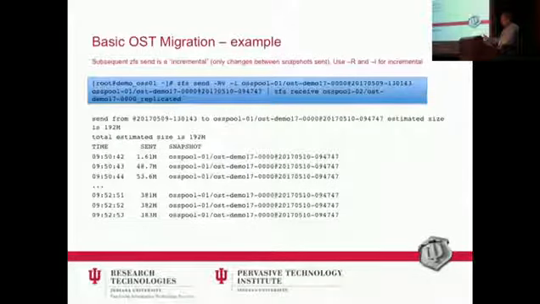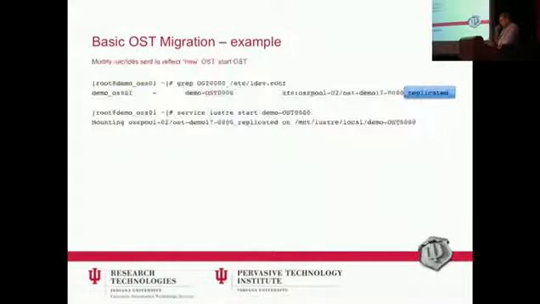And this is just receiving that final snapshot. You can see in this example, there was some data that had changed. It took about 3 minutes for that final synchronization. And then we went ahead and started up that OST specifically.